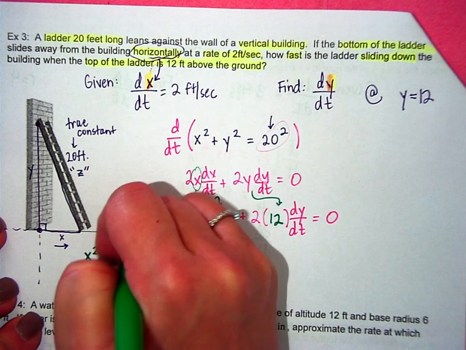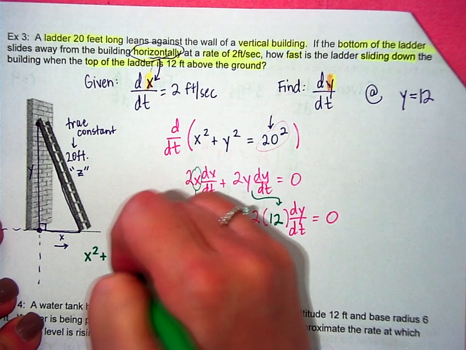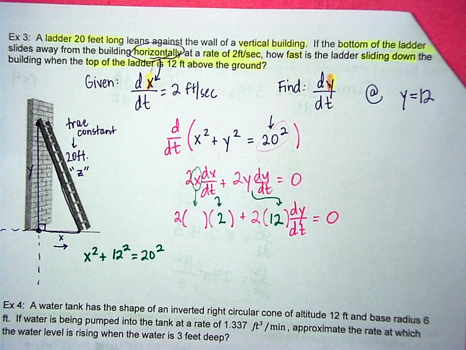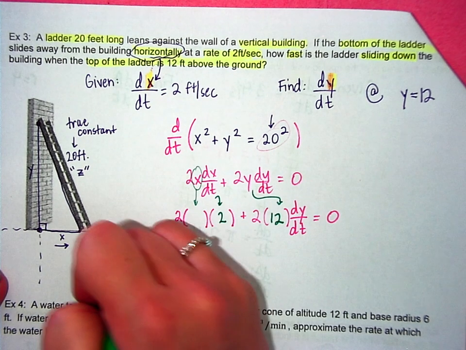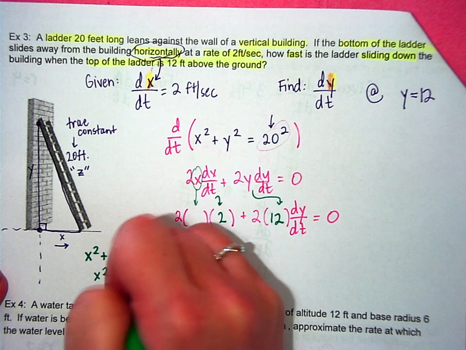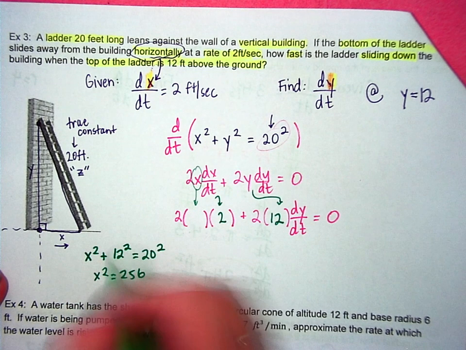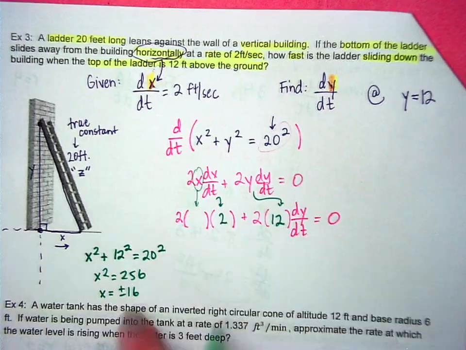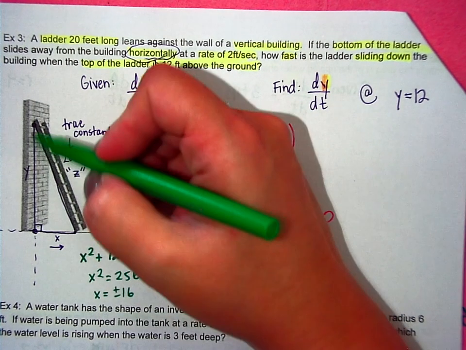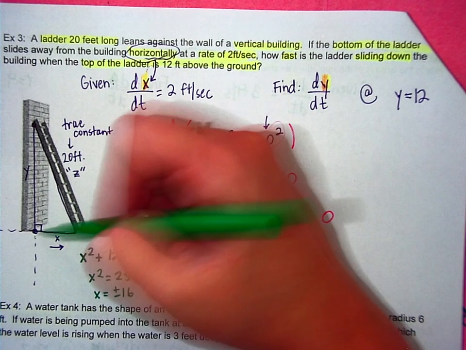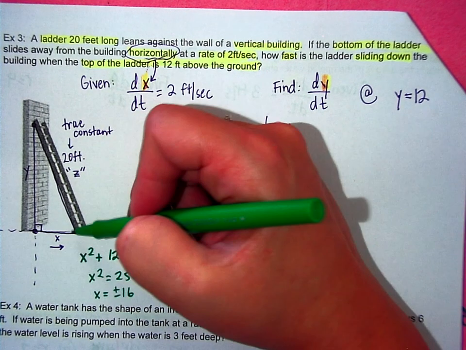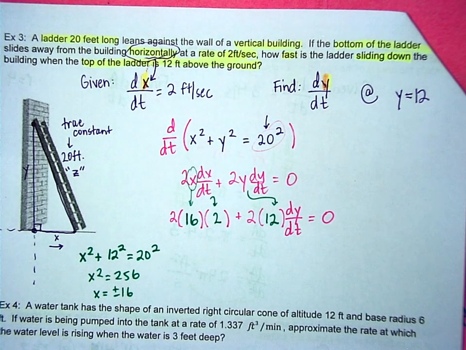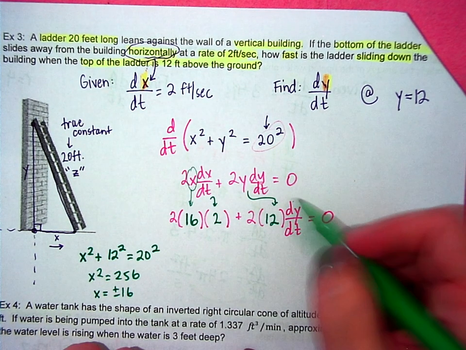All right, this means x squared is 256 if I work that out and subtract. So x is technically plus or minus 16, but we're going to use the positive because we're talking about this measurement here from the wall to the bottom of the ladder. Okay, now I just grind this out and solve for my missing variable. So this component here is 64 plus 24 dy/dt equal to 0.